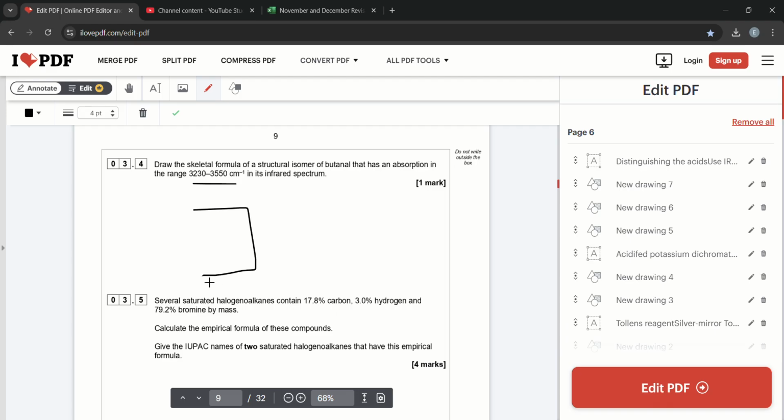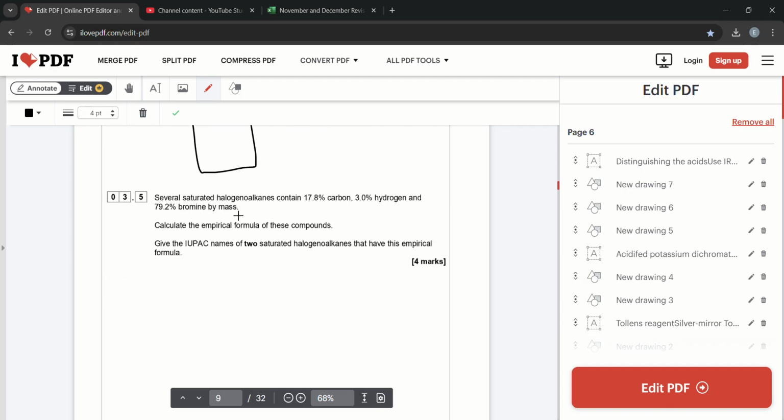But we could just do methane, ethane, propane, butane, and an OH group sticking out at the side of one of the carbons. So C, OH sticking on the side of the rectangle. It's not a rectangle, the square. Yeah, I don't know what's going on out of this square.